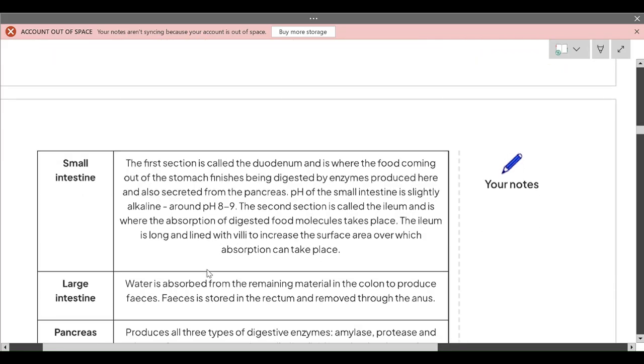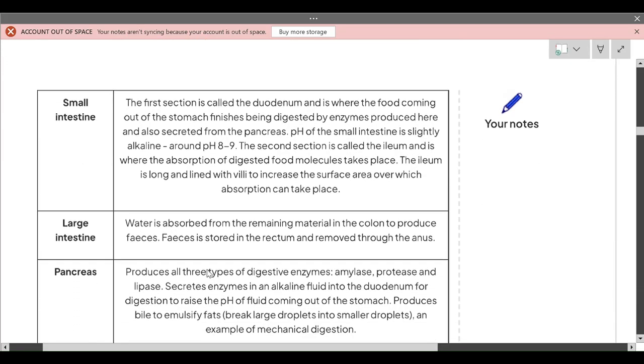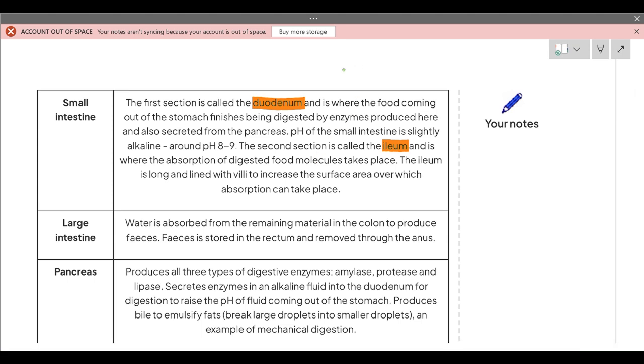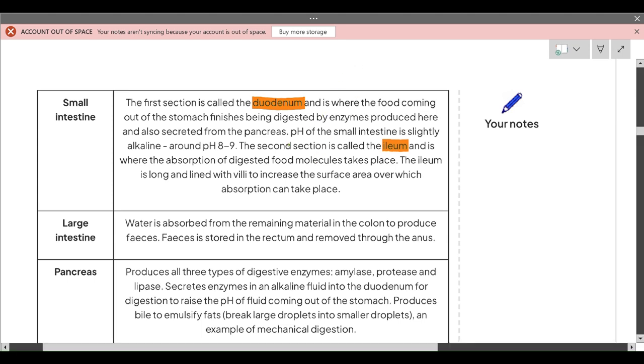Let's move forward and talk about the small intestine now. For the small intestine, there are basically two parts, the duodenum and the ileum. We will talk about both of them one by one. Let's learn what happens in the first section of your small intestine.